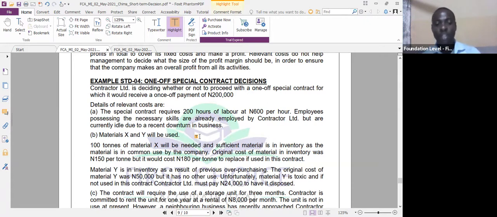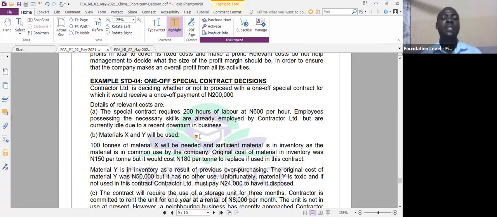But the question is, is it in common use by the company? Question says yes. So if it is in common use by the company, it means as you are using this, another person will want to use that component or product, and so you may need to go and buy. But how much will you buy?